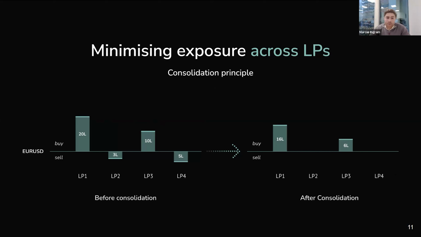This is something you can set up to be automated. So you run a rule, and at the end of each trading day, it's going to automatically check for you. So it's something that you can just structure, set up once. It will run automatically going forward, and from then on, the only thing you'll see is your exposure minimized across all of the liquidity providers you're using.